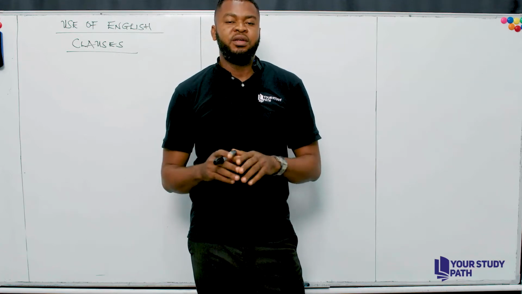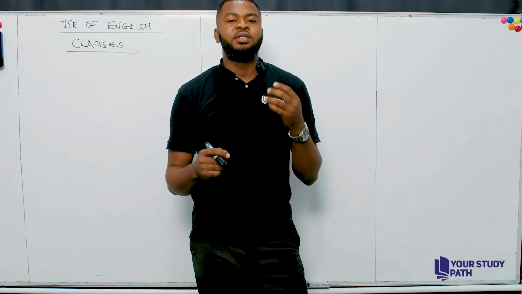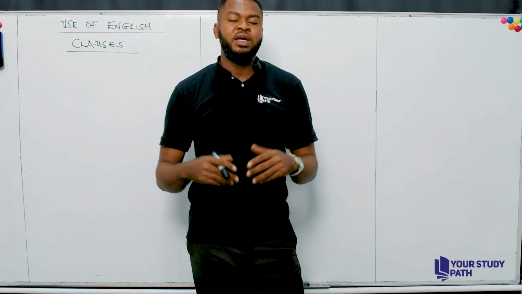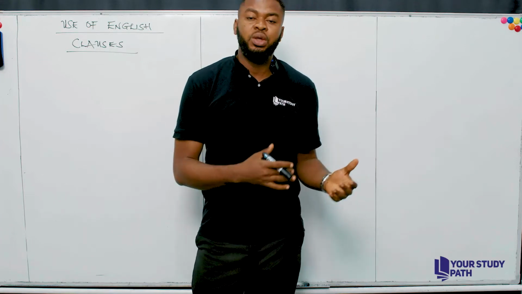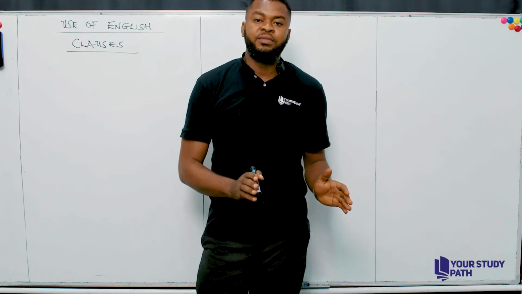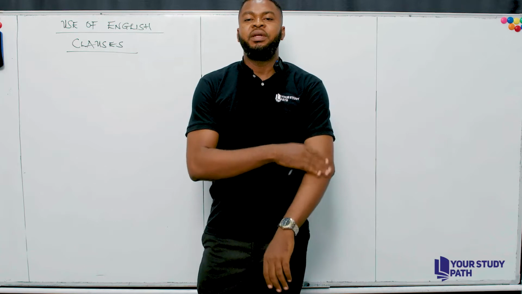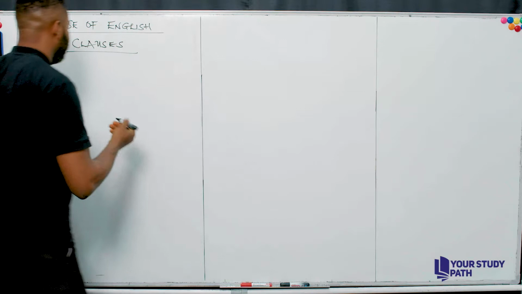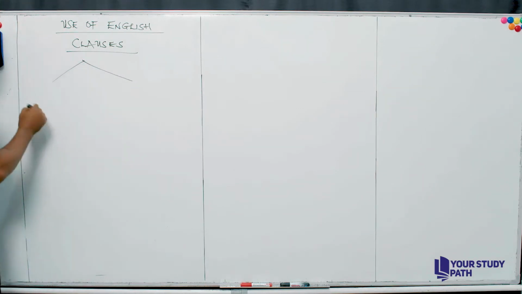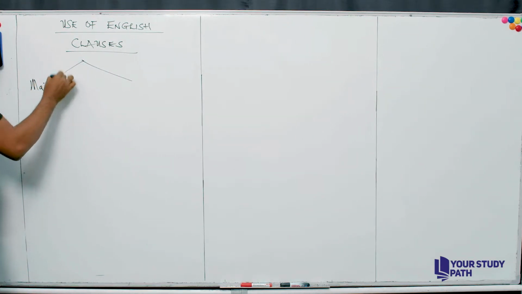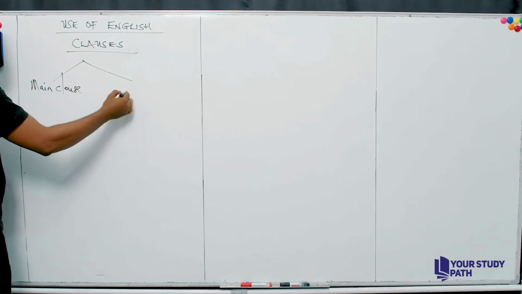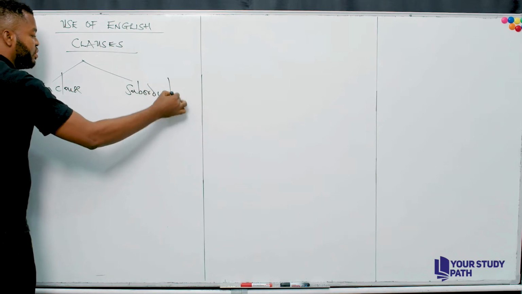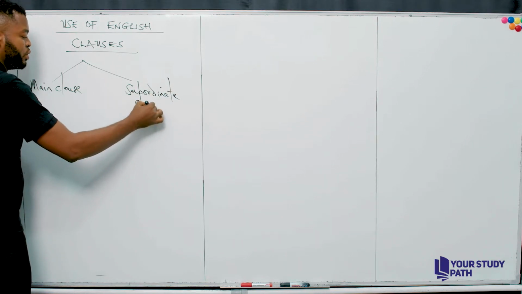Now, moving on from there, we'll examine the types of clauses. We have the main clause and we have the subordinate clause. Another name for the main clause is the independent clause. Okay? Then the independent clause can also be known as the superordinate clause. That's to tell you that we have two: the main clause and the subordinate clause.